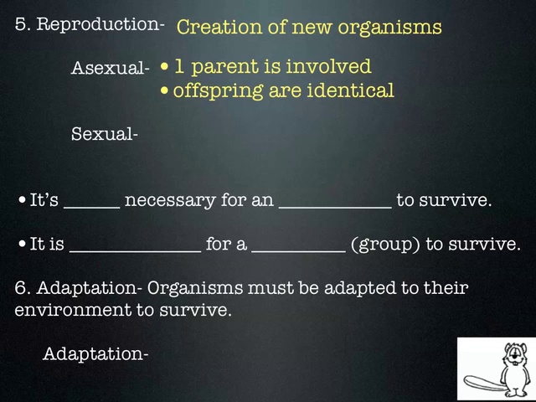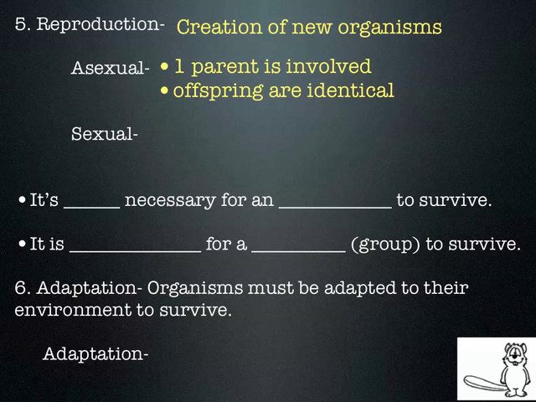Cut off a little part of a branch, put that in some water or sand or soil, and that will start to grow into its own tomato plant. That tomato plant is reproduced. But that new tomato plant is going to be exactly the same as the original. That's a form of asexual reproduction. It's just a copy of the original. It's probably going to give you the same great tomatoes that you had on the other plant.